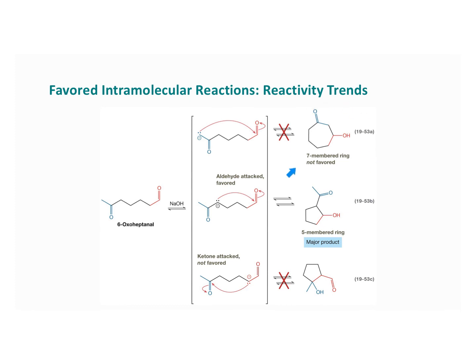And then they analyze their products and they say, oh man, I almost didn't make any of that and I almost didn't make any of this. So it seems that the aldehyde attack is favored that forms a 5-membered ring. So that would be a part of research that organic chemists would do, would be to look at reactions like this and see what generalizations we can make about what types of molecules form.